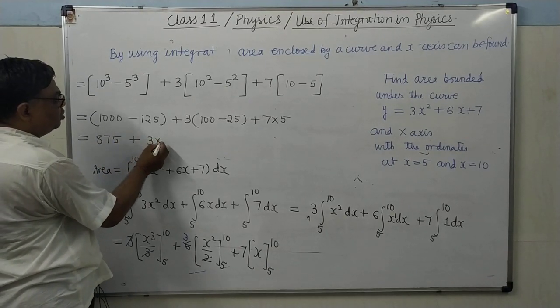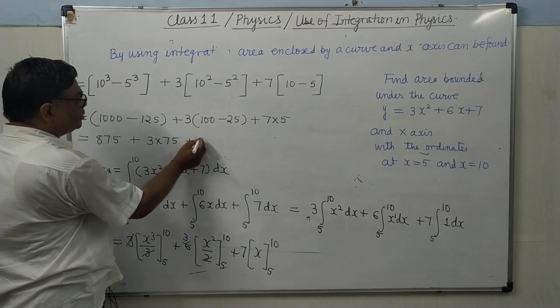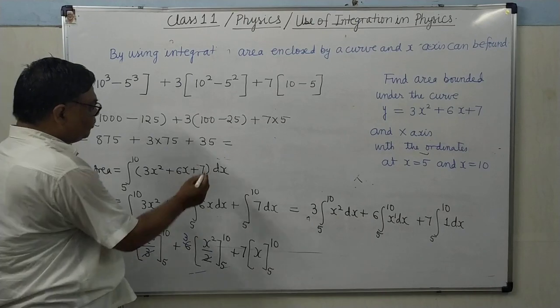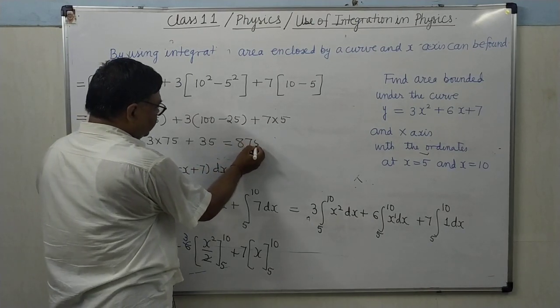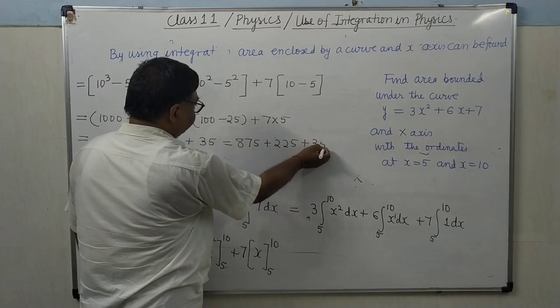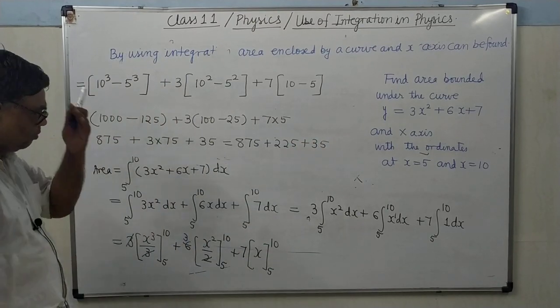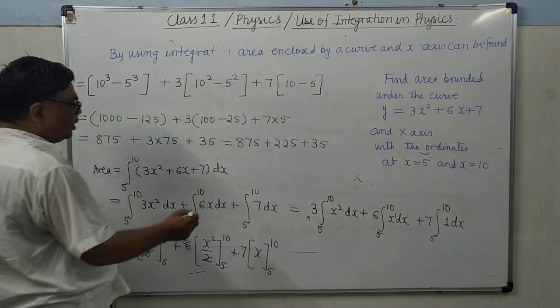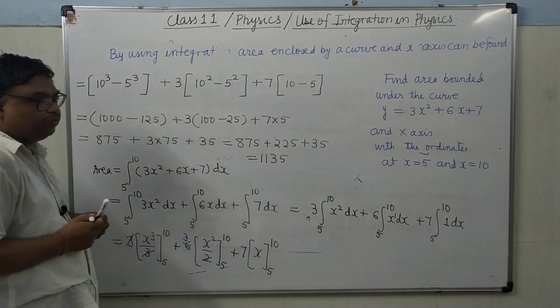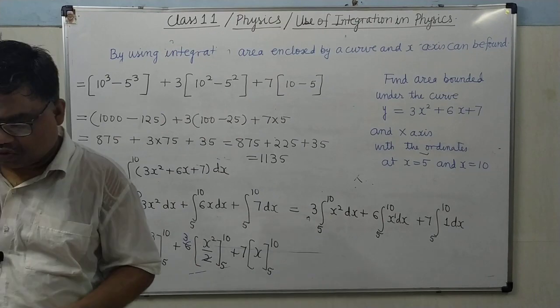Then 3 into 75 plus 35. When you evaluate, 875 plus 225 plus 35, it will be equal to 1135. This way you will be able to calculate this.